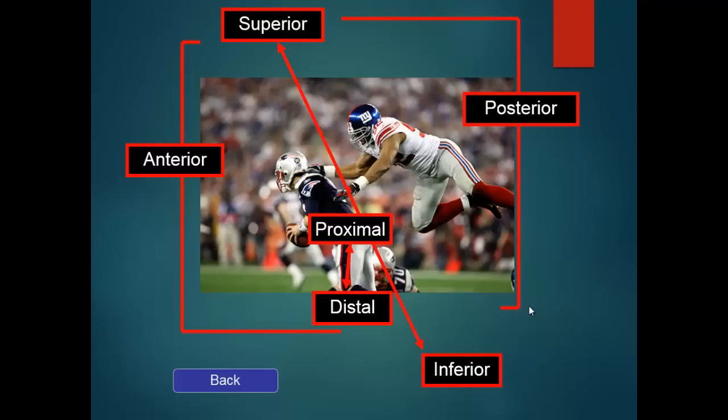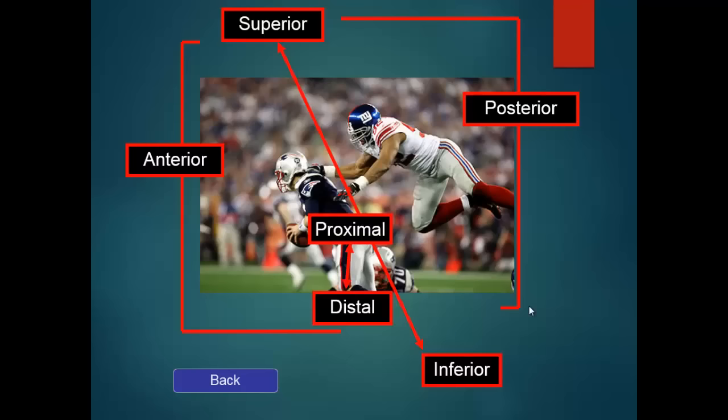And now to bring it home in the situation where we have somebody out of anatomical position, but we still want to use these terms to describe them. So I've chosen here Tom Brady, and that is Michael Strahan about to sack Tom Brady. What we're looking at here is, even though Tom is turned to his side, superior is up towards his head, inferior is down towards his feet.